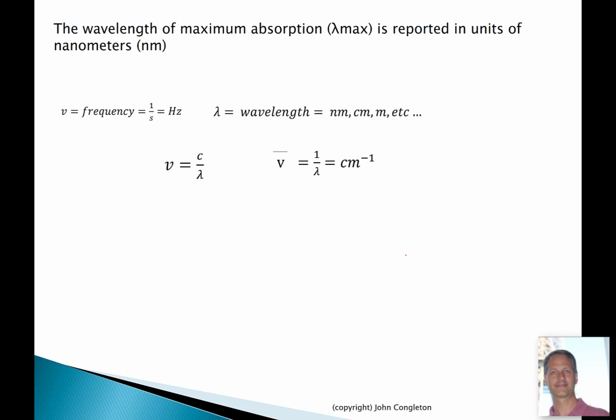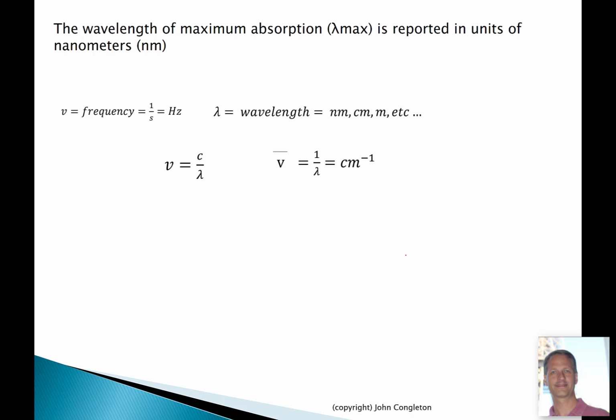Now, the other thing we have seen before, when we talked about infrared spectroscopy, is wave numbers. Remember, wave numbers are equal to inverse wavelengths, so centimeters to the -1, or nanometers to the -1, and so on.